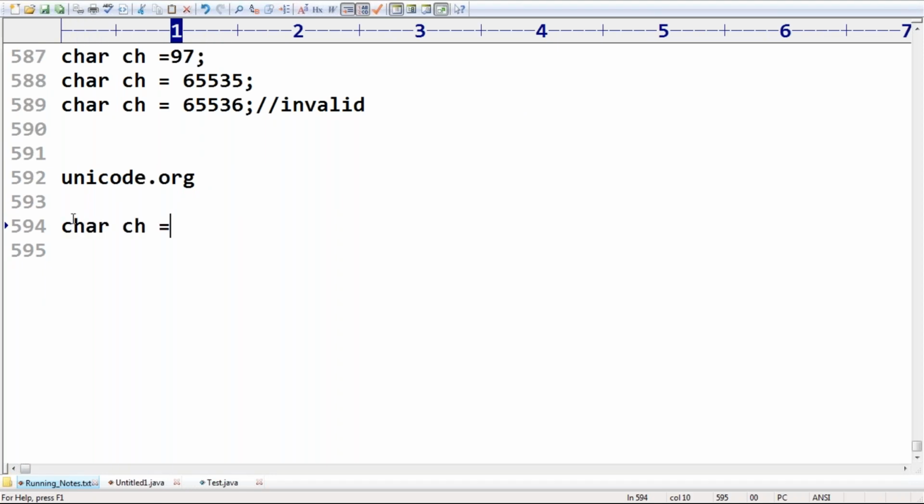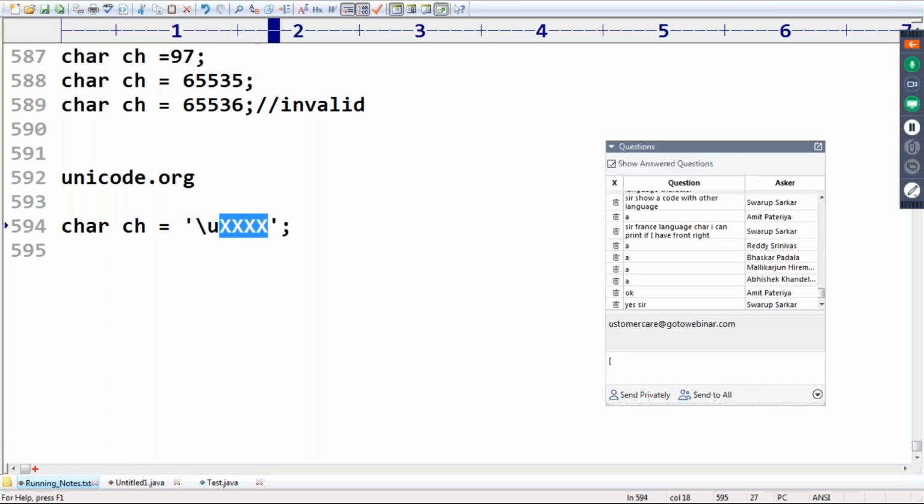char ch is equal to \u followed by something. Remember this one. This is the Unicode representation. This is a type of style. Even a char literal you can represent in Unicode form. \u followed by a 4-digit hexadecimal number we have to take.